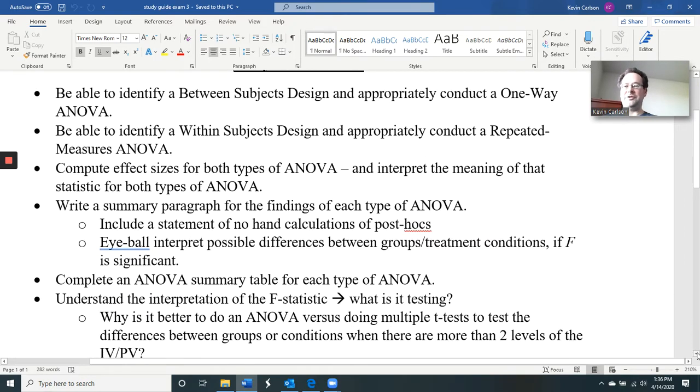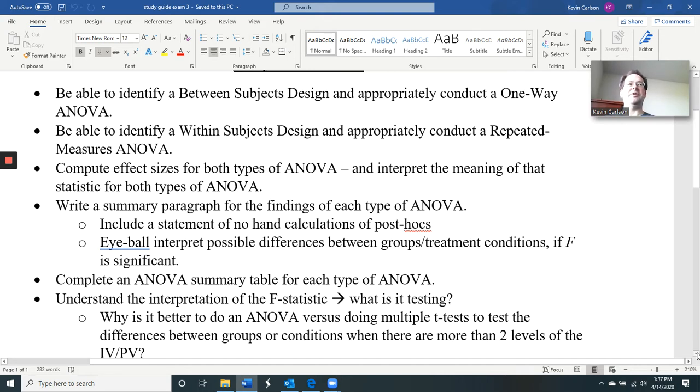The first point on the study guide is between subjects. Between subjects is each participant gets just one level of the variable, whether it's an IV or a PV. It's more likely an IV in this case. The example we've been using a lot in lectures is the color red: does it increase attraction?